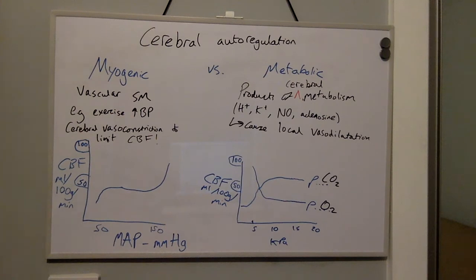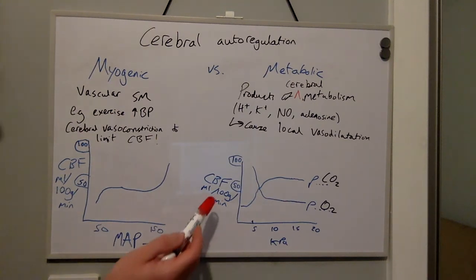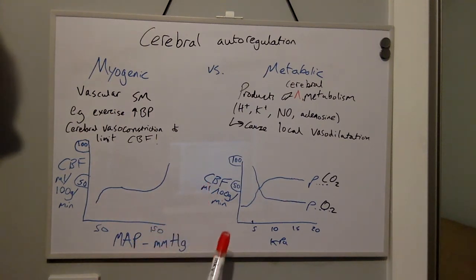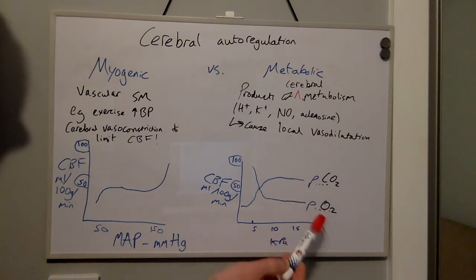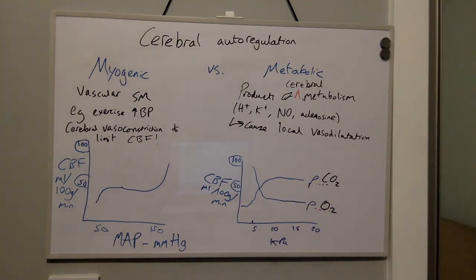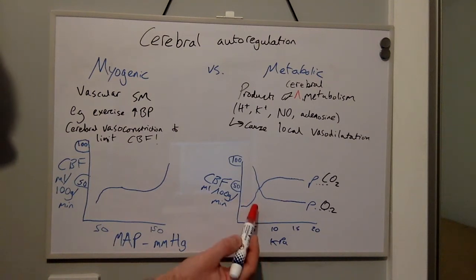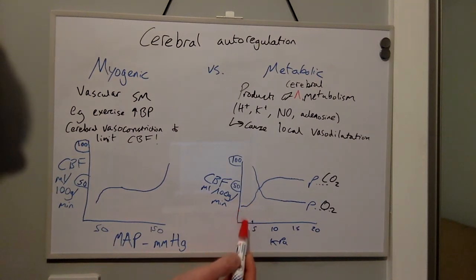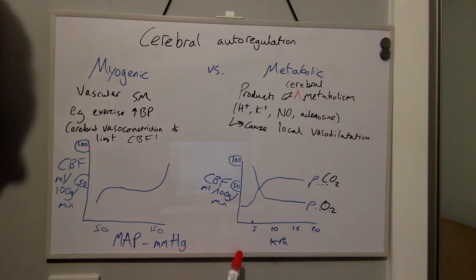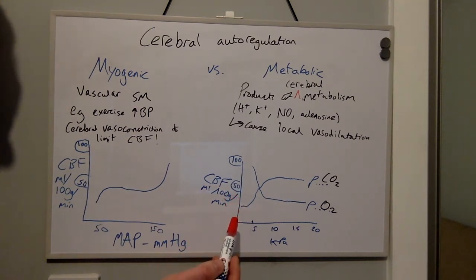We then have this diagram here, which shows the changes in cerebral blood flow in response to the arterial PCO2 and PO2. So, at a PaCO2 value of 5 and below, cerebral blood flow is fairly constant.